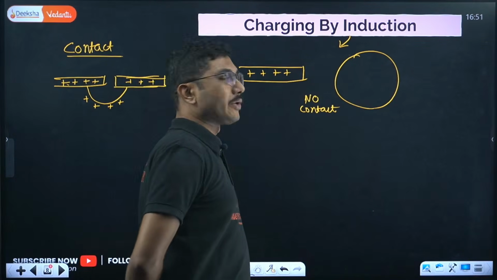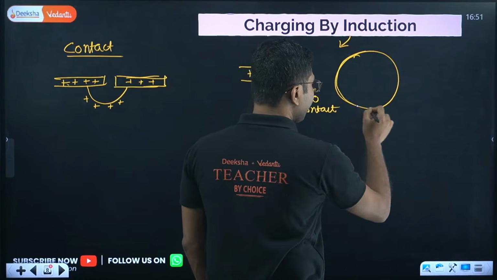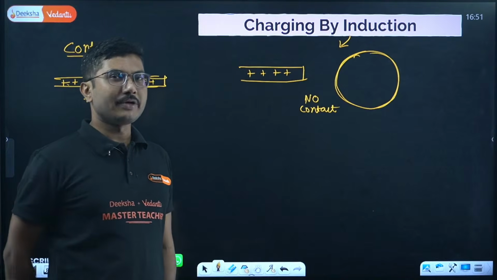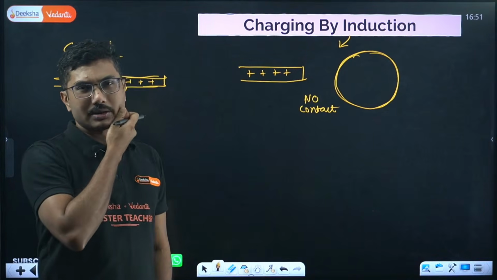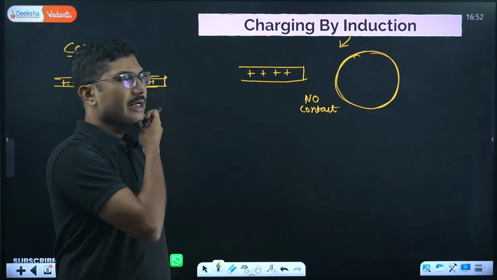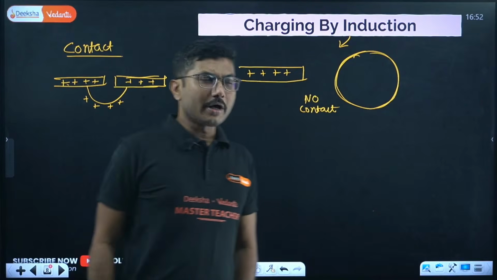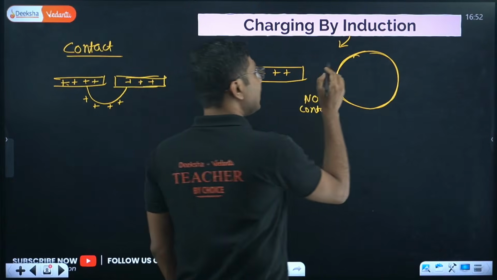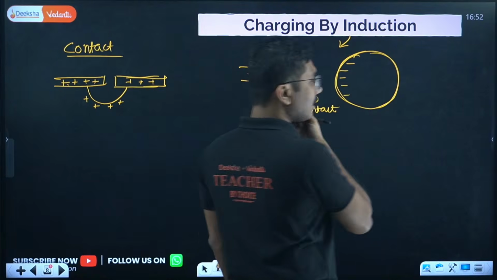Now what will happen? This object is made up of positive and negative charges. Generally it happens in the case of conductors only. So you have a conducting material, and when you bring a positively charged object, it attracts all the negative charges present inside this conductor towards it.